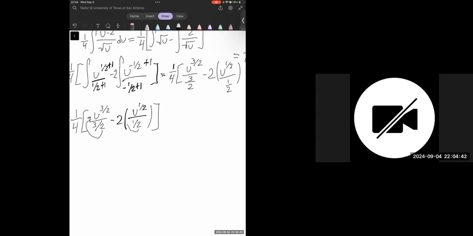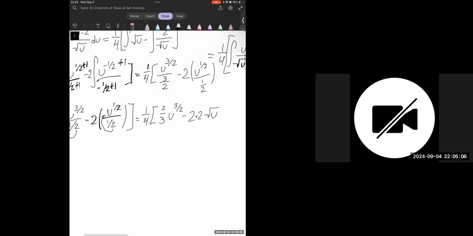Same thing with this 2 here, giving me 1 over 4 bracket 2 over 3 u to the 3/2 minus 2 times 2 square root of u. And I'll just go ahead and clean this up. Cool.